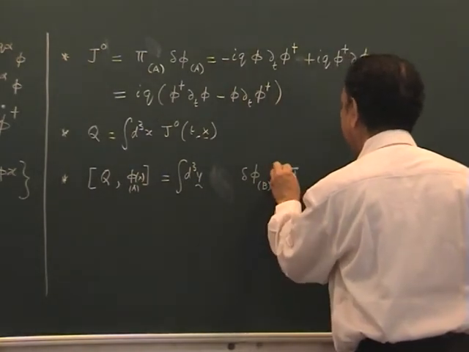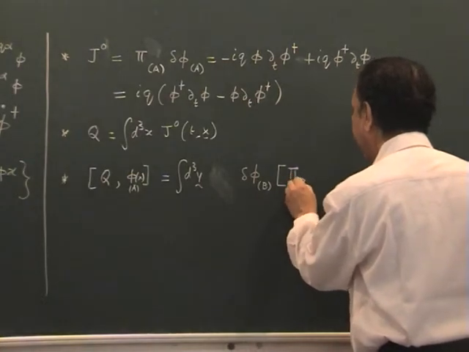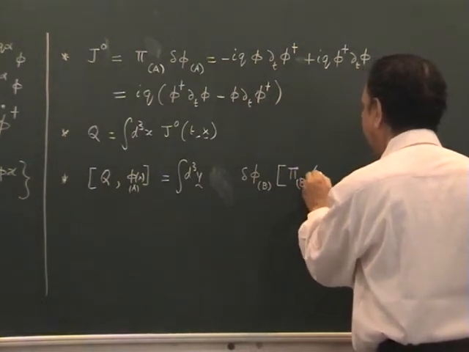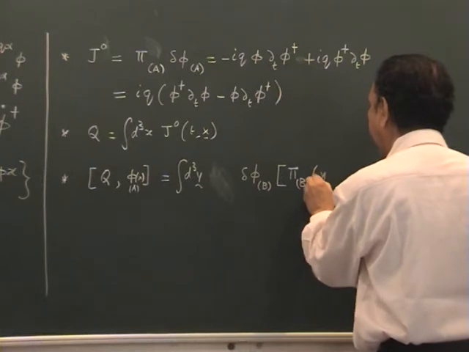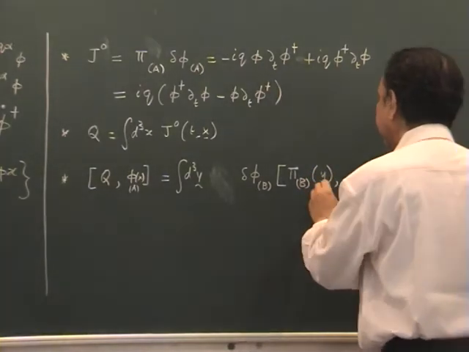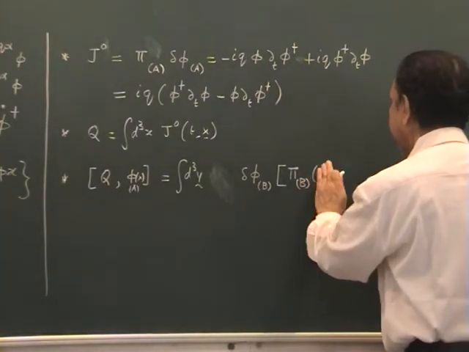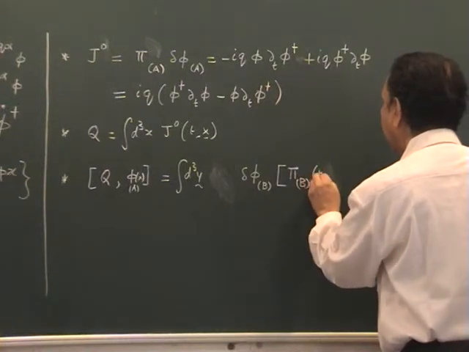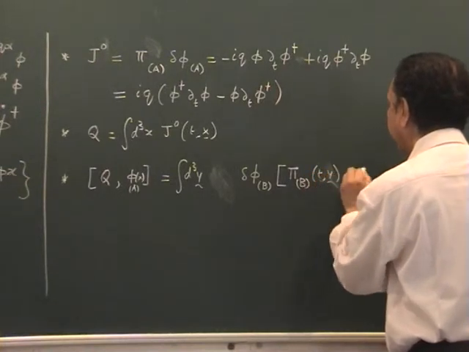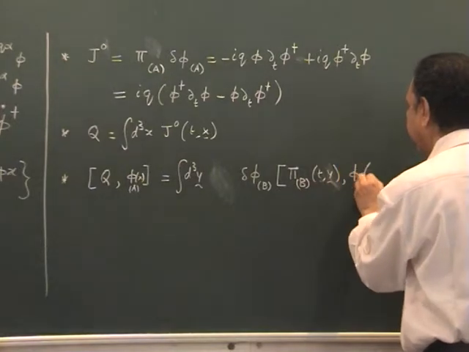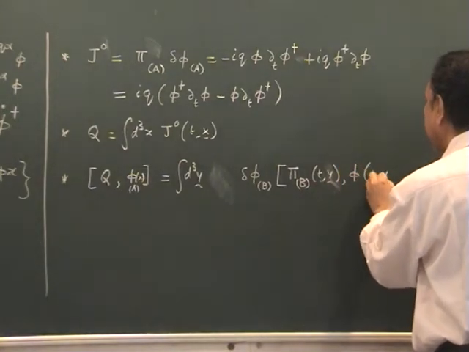You think of these as parameters. So there is a phi b evaluated at y, commutator at the same time. So this is t comma y, phi, commutator t comma x.